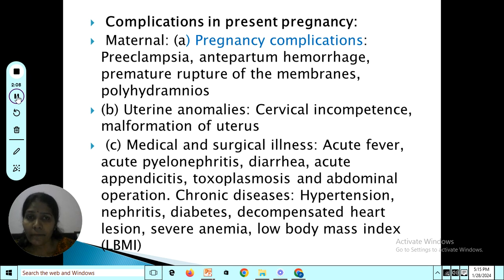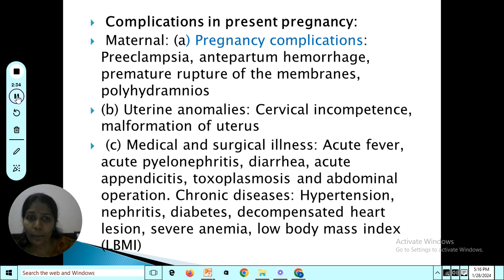When there is excessive blood loss, we have to deliver. Then premature rupture of membranes, which might be due to any infection or there is a leak. Then we have polyhydramnios, where there is increased pressure and it can lead to a preterm labor. So these are the maternal complications in the present pregnancy which can lead to preterm labor.